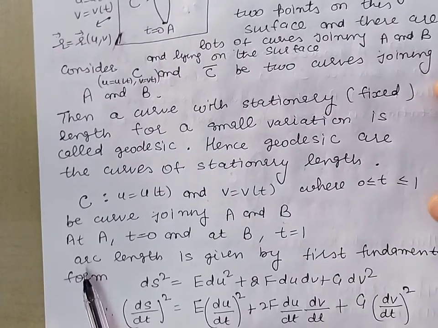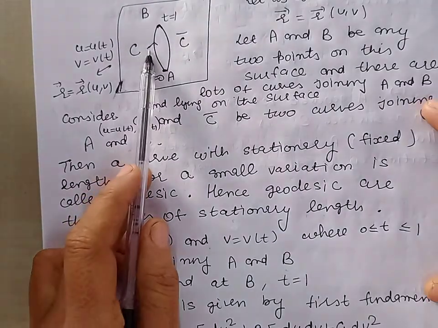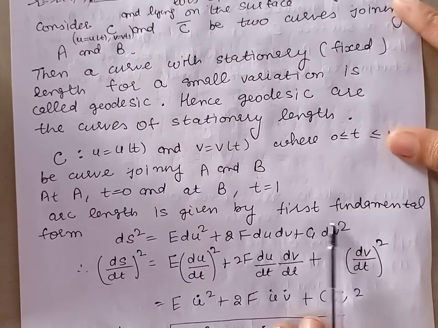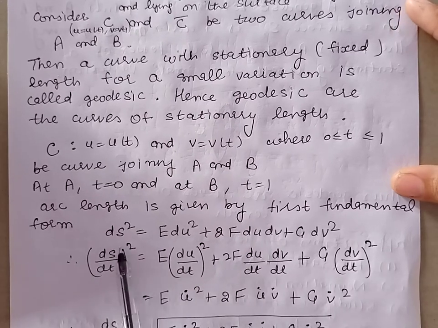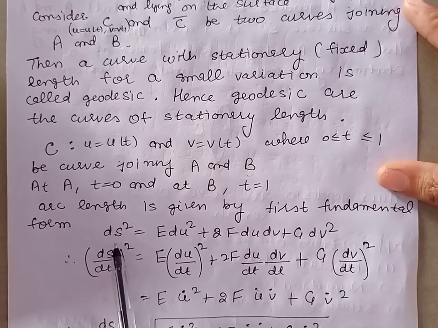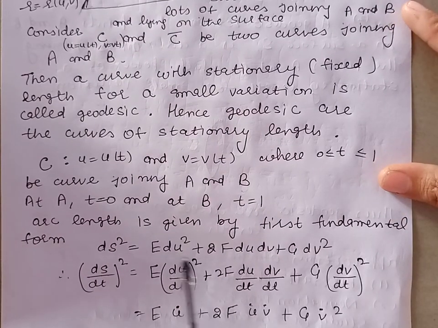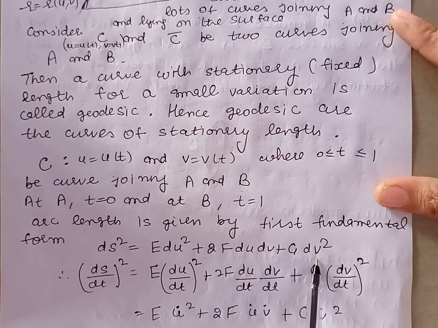Let us find the length of the curve C. The length of curve C is given by using the first fundamental form. In the first fundamental form, we learned the expression to find the arc length, which is given by ds square equal to E du square plus 2F du dv plus G dv square.